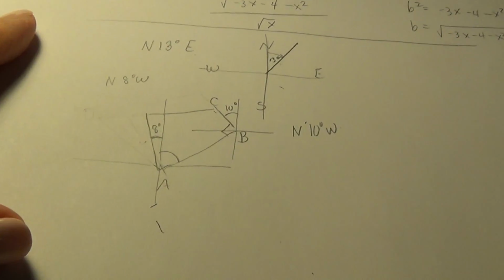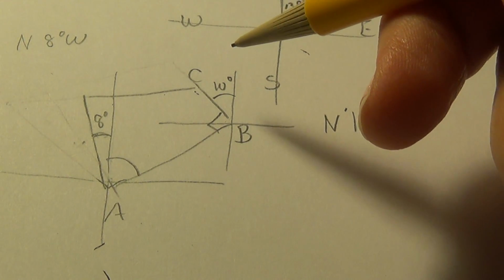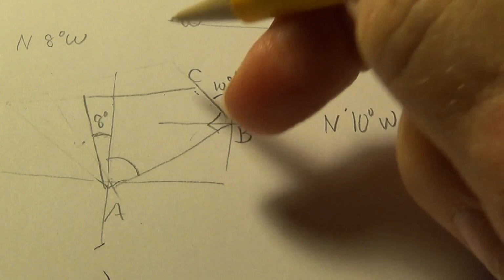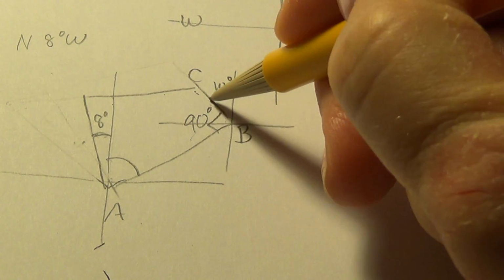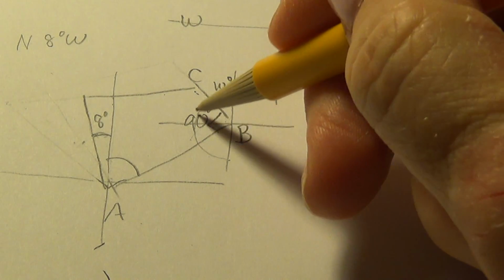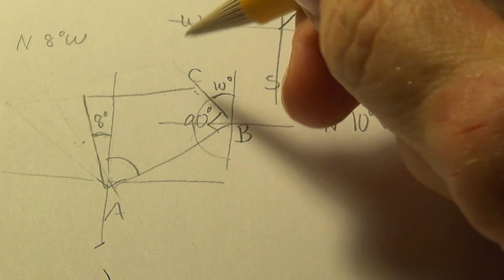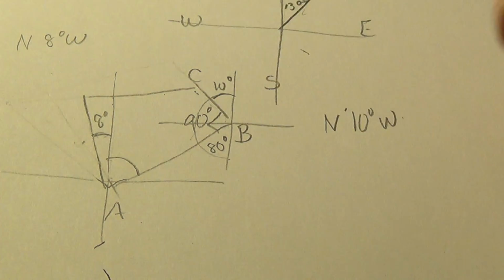I have to pull out a little bit of geometry to figure that out. This is 90 degrees in here. This was 10, so to get all the way over to here, we know a straight line is 180. So we've got 100 between here and here, so this must be 80.